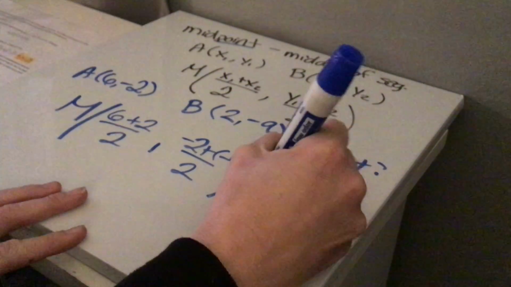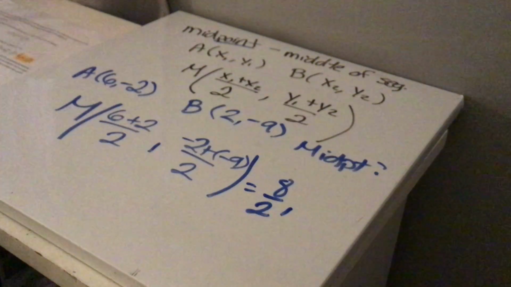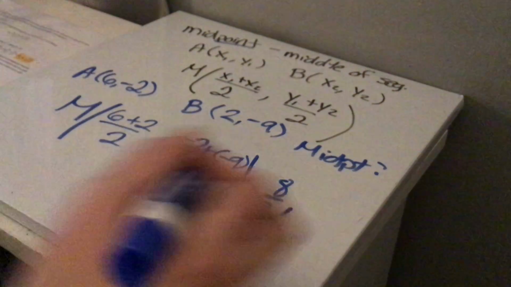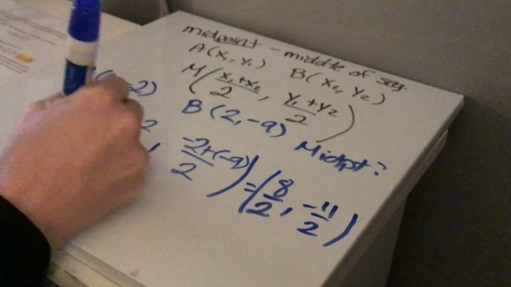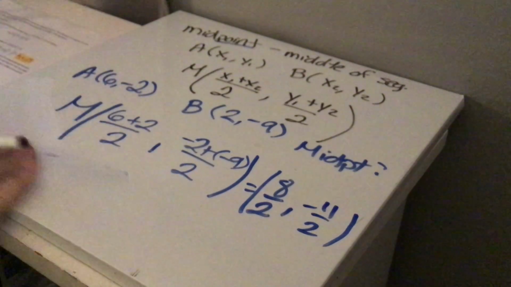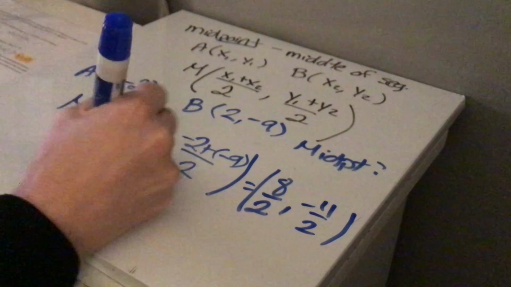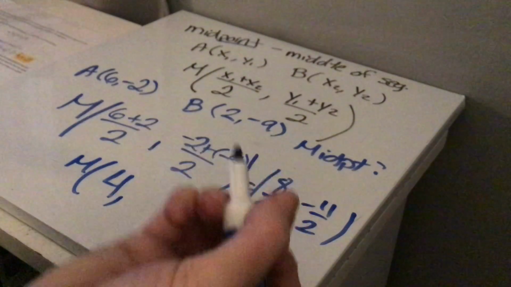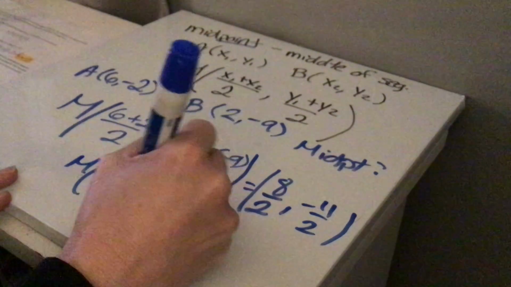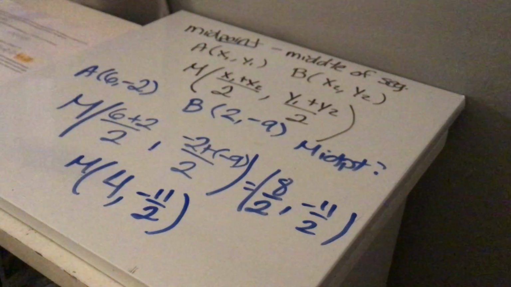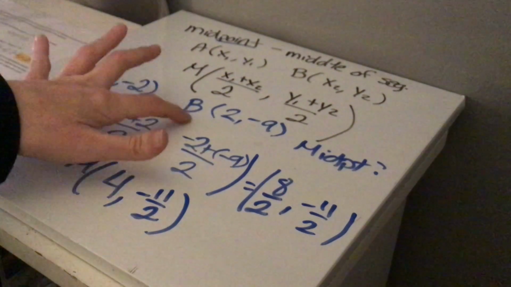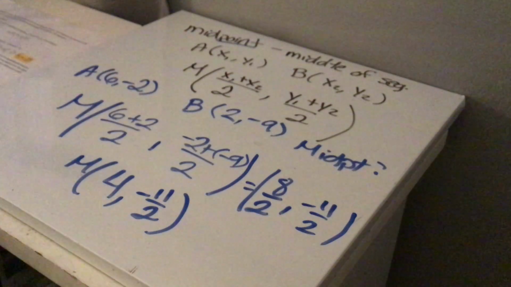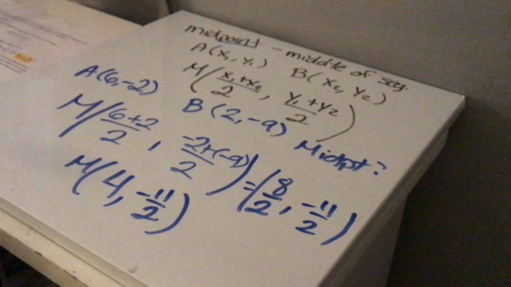So 6 plus 2 over 2 is 8 over 2. -2 plus -9 is -11 over 2. Simplify if possible. So 8 divided by 2 is 4. And then -11 over 2 is just -11 over 2. Don't make it a decimal. You can leave it as a simplified fraction. So halfway between this point and this point is 4, -11 over 2.